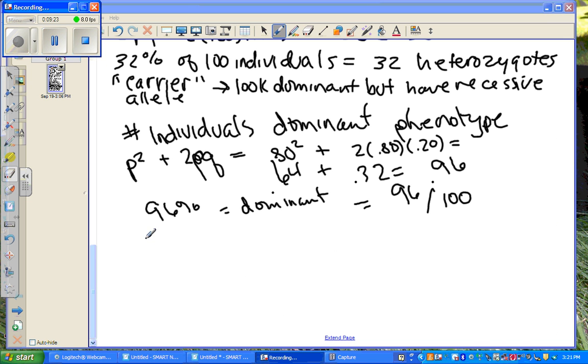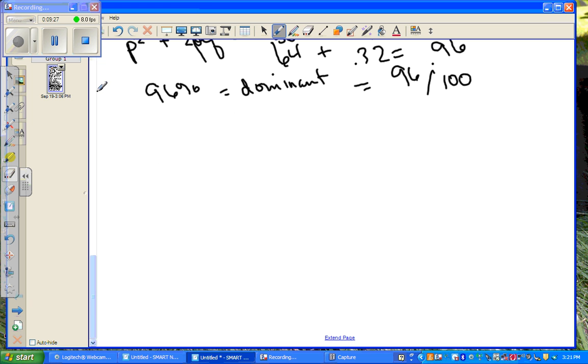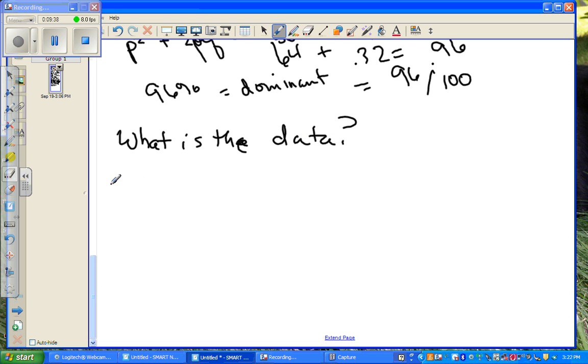What you've probably noticed by now is that the important thing when you're working Hardy-Weinberg problems is to understand what the data is. What's the data that you're being given? That's going to allow you to answer the question properly.